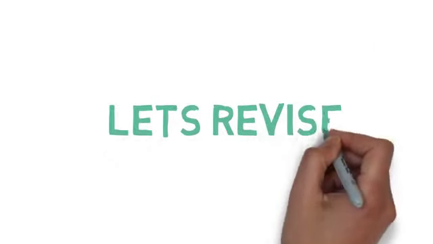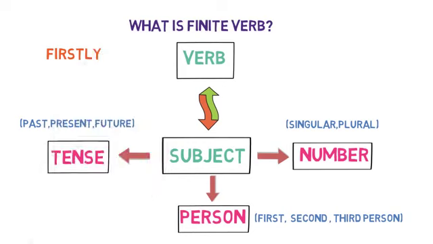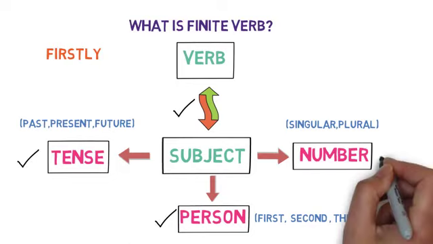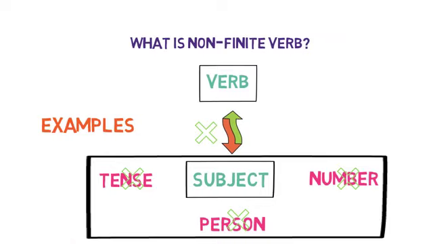That's all for now. Let's quickly revise what we have learned in this lesson. We understood what a finite verb is. It is a verb that has an agreement with the subject. It changes as per the tense, person and number of the subject. Then we understood what a non-finite verb is. It is a verb that has no agreement with the subject.